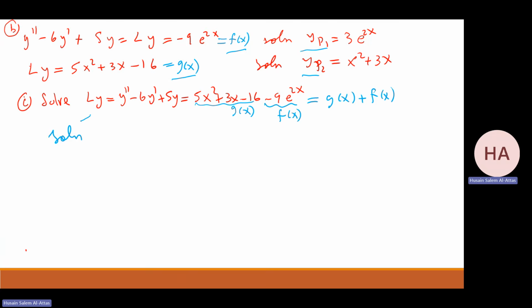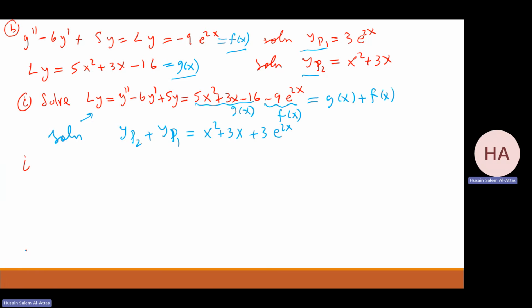So the solution for this equation will be yp2 plus yp1. And that is what? x squared plus 3x plus 3e to x.